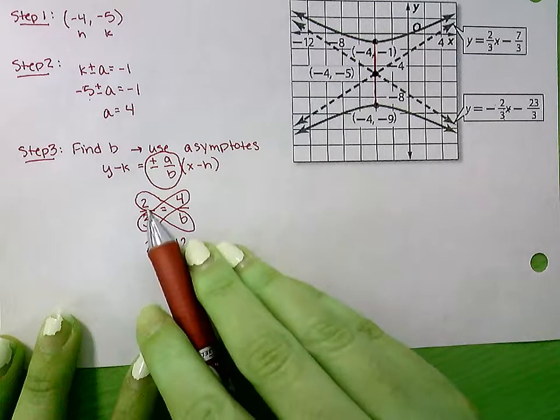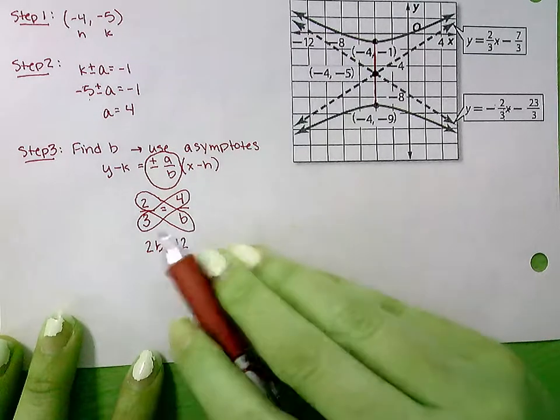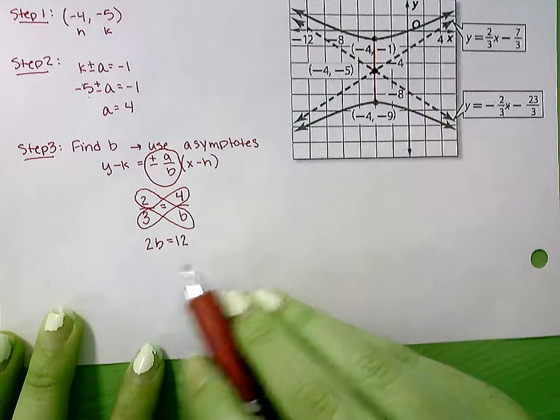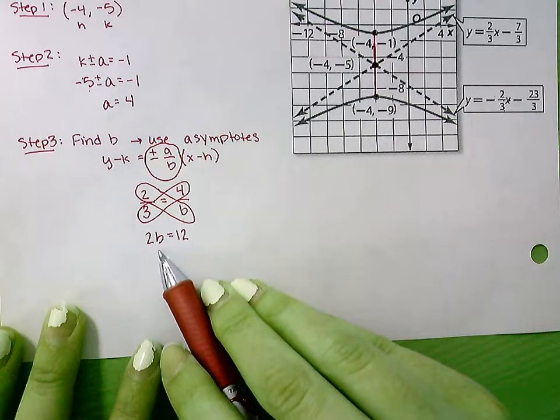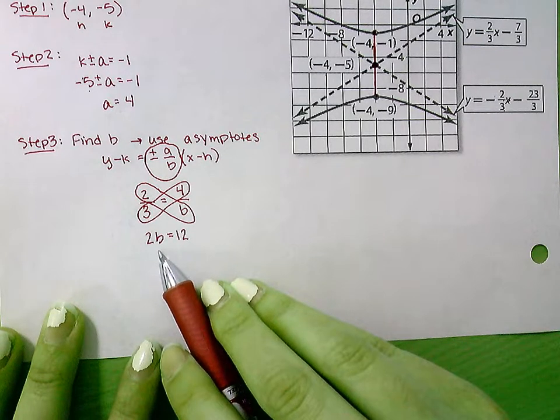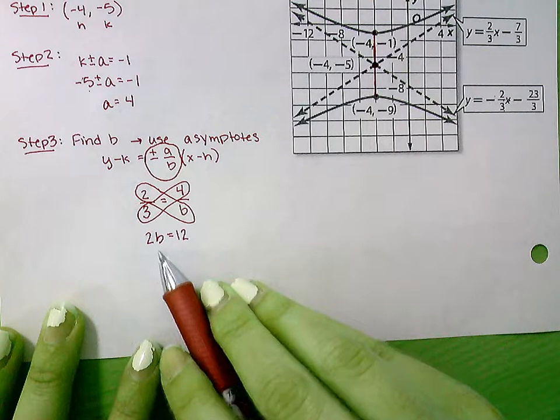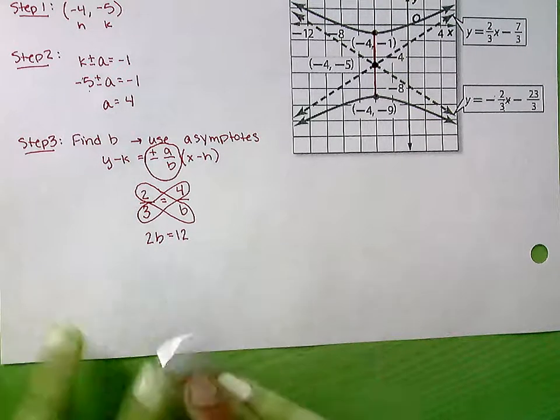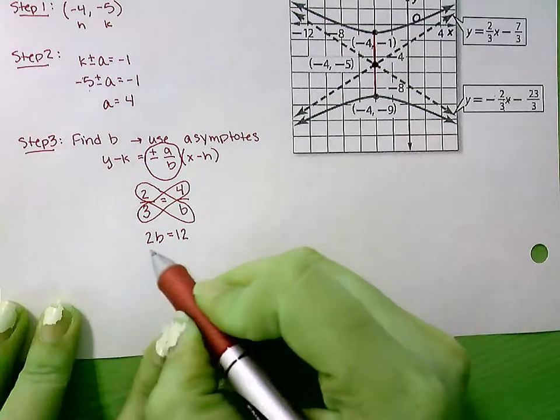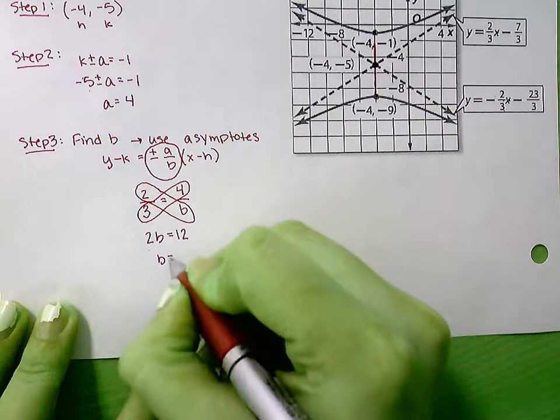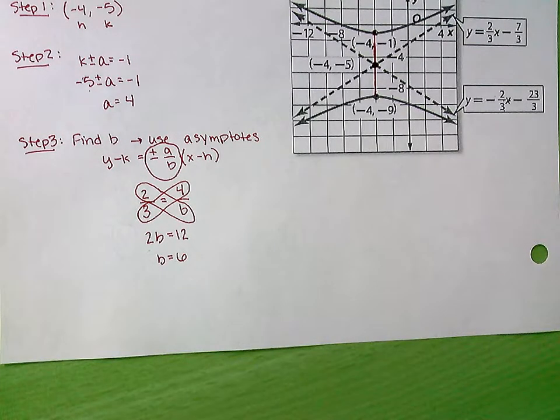So I just multiplied 2 times b and 3 times 4. Oh, 12 equals 2b? No, that's fine. Divide both sides by 2, because you should still get b is equal to 6.